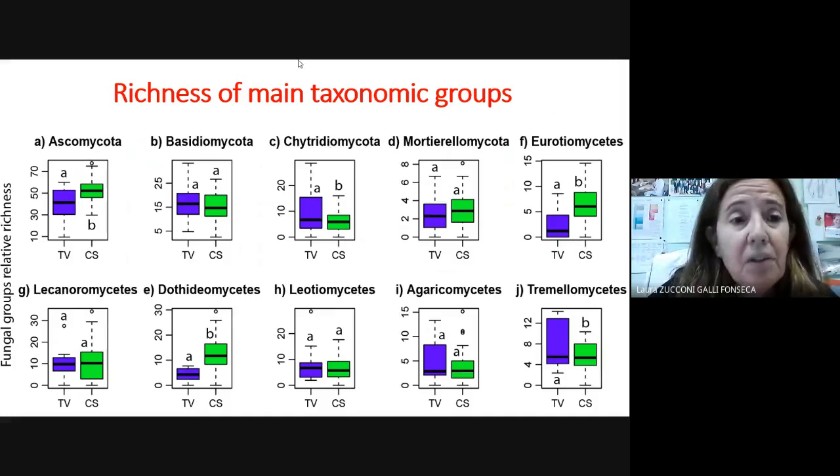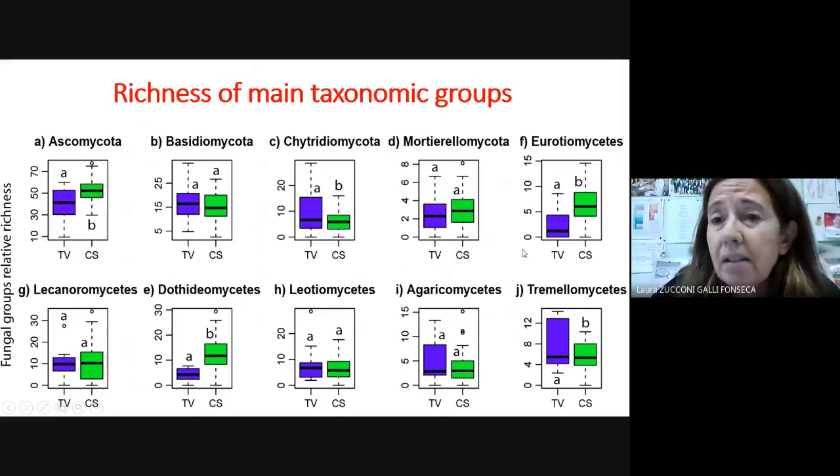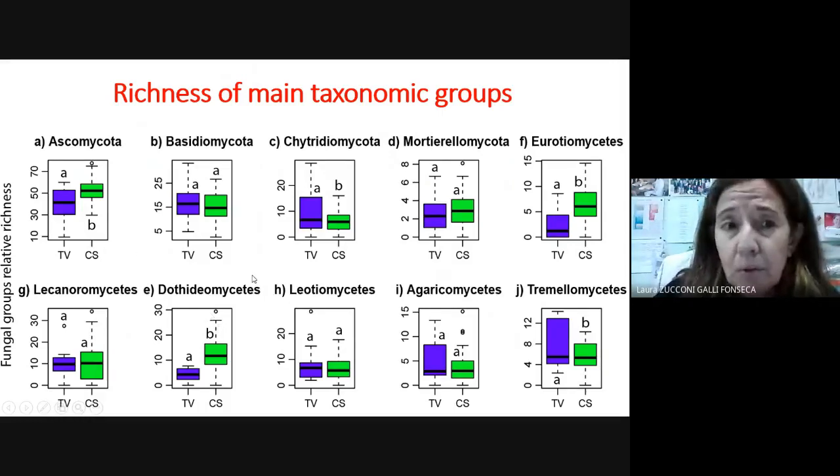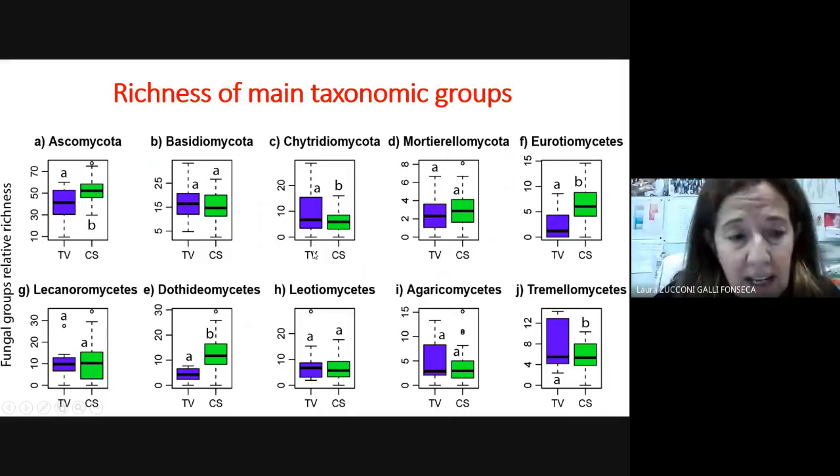For example, the richness of Ascomycota is higher in coastal sites, and these higher values agree with those recorded for the 2 main classes recorded within the Ascomycota, Eurotiomycetes and Ophiostomycetes, already reported as the 2 main classes within this phylum by other authors, while differences were observed for Chytridiomycota, with higher richness values for the inner side.